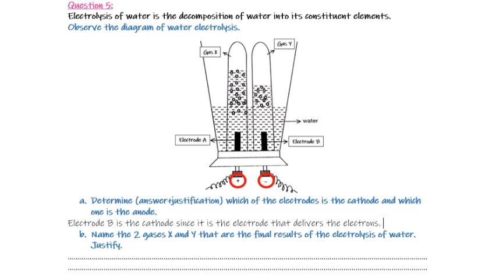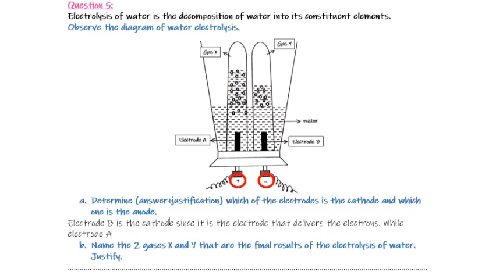It comes on the negative side of the electricity generator, okay? While electrode A is the anode that receives the electrons and that is positively charged.